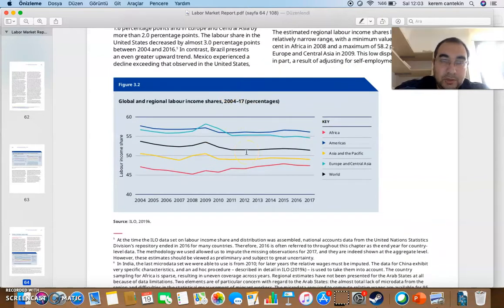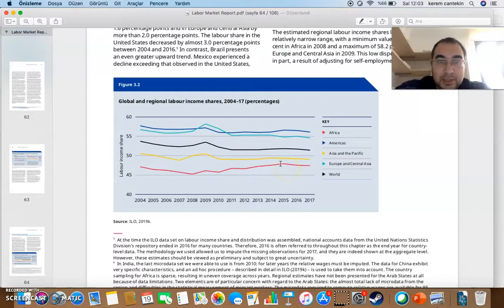It gives you a global idea, and the labor share is between 45% and 60% in total, basically. It is highest in the Americas and lowest in Africa, basically. And throughout the 2000s, at least, it has stayed more or less constant.